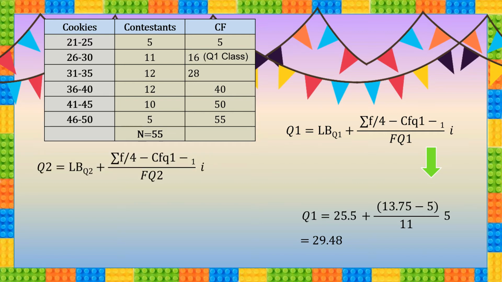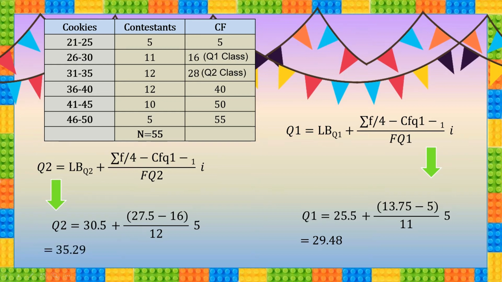Now, we will do the same procedures for quartile 2, but k will be 2. Divide the summation of f by 4 and multiply it by 2. Now, we locate the quartile 2 class interval. Substitute the values and then we simplify it. We will get our quartile 2, which is 35.29.